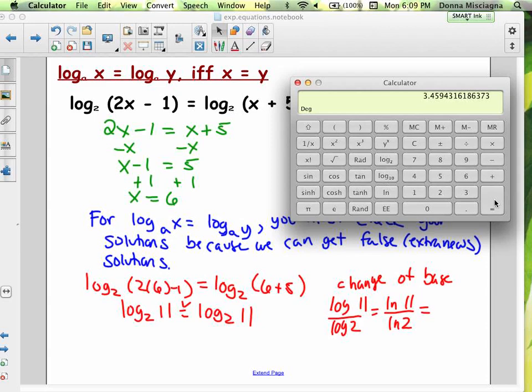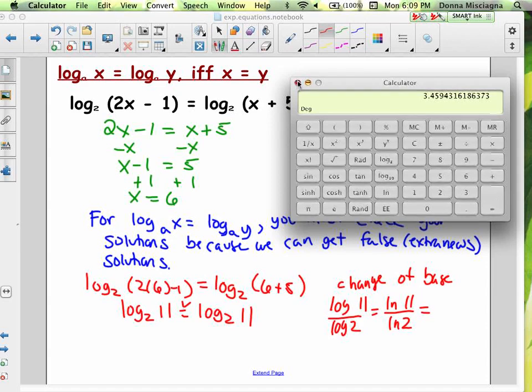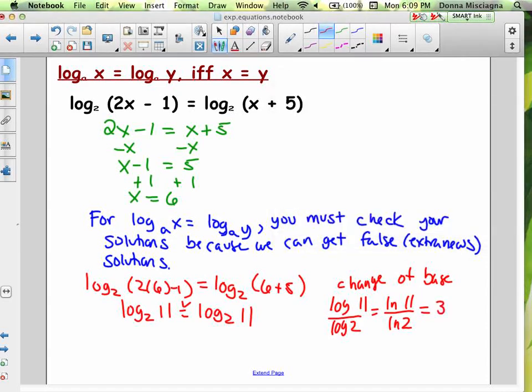That makes sense because 2 cubed would be 8, and 2 to the 4th would be 16. So it's got to be a number between 3 and 4, and that certainly is a number between 3 and 4. I'll actually write that down, 3.459, just so that you can see that that really is a real number.